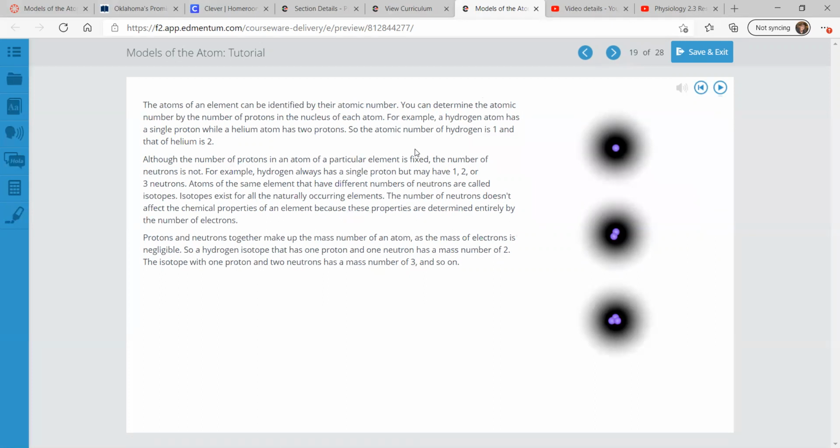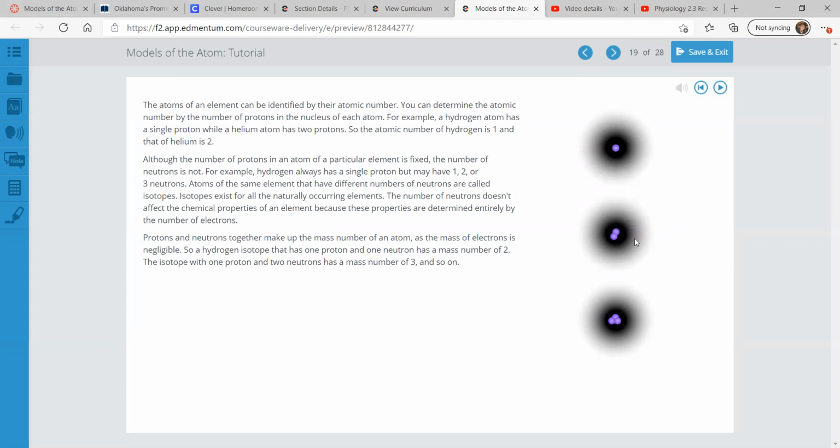For example, a hydrogen atom has a single proton. That is hydrogen. Helium, on the other hand, has two protons, right here. So the atomic number of hydrogen is 1 because it has one proton. Helium has two protons, so the atomic number is 2.